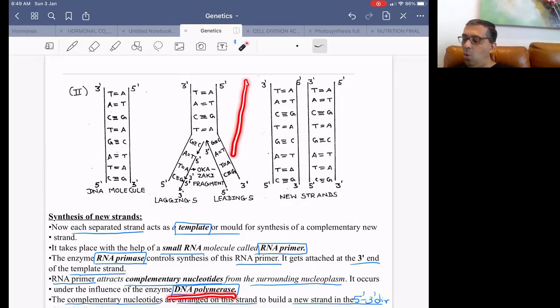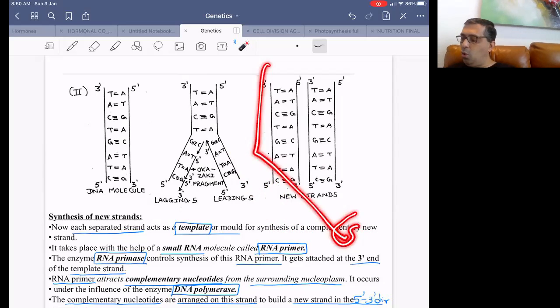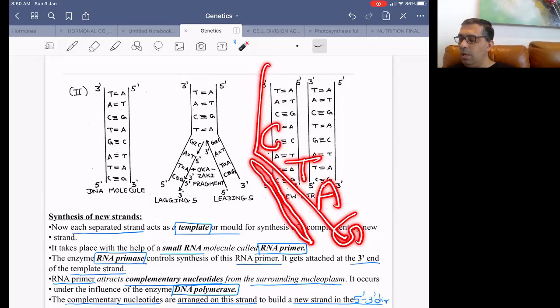तो समझो, this is guanine and adenine. Okay, let me show this again. This is guanine, adenine, thymine, cytosine. बीच में है आरएनए प्राइमर मॉलिक्यूल.